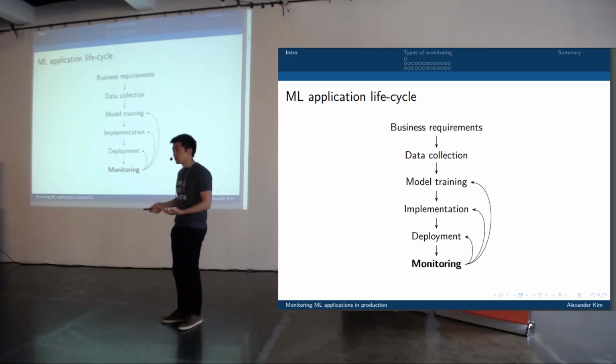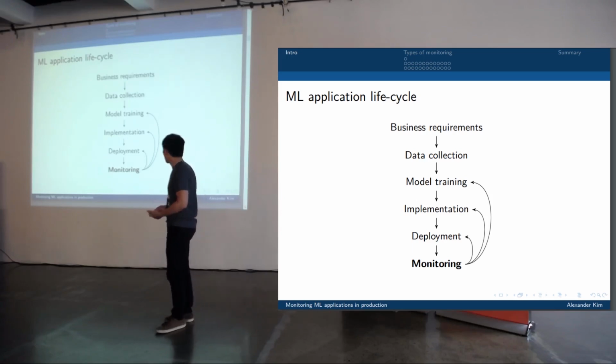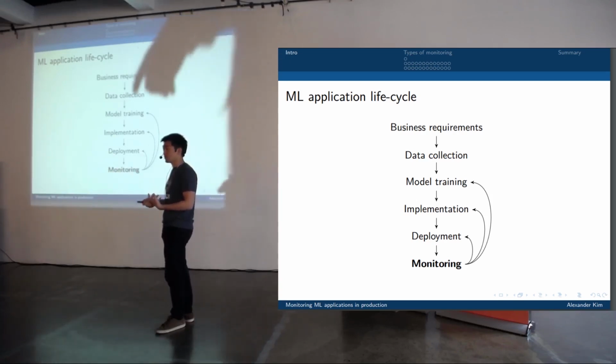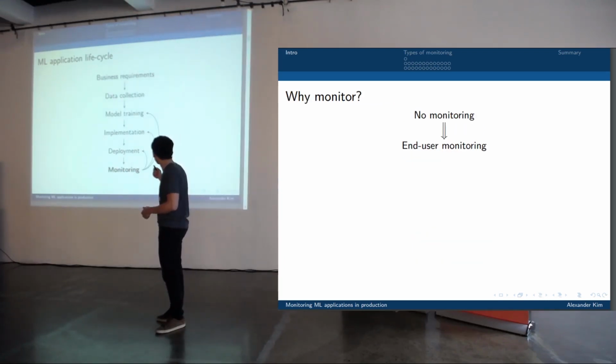A couple of examples would be, let's say that you see that the time it takes to serve a prediction is above the level that you expect, then maybe you need to scale your machines, have more machines serving the same model, or maybe you have some edge cases that you did not think of during the implementation, so you go back and change your implementation, or in some cases you might see that your model actually does not give the right predictions. Then you go back to the training stage of this life cycle.